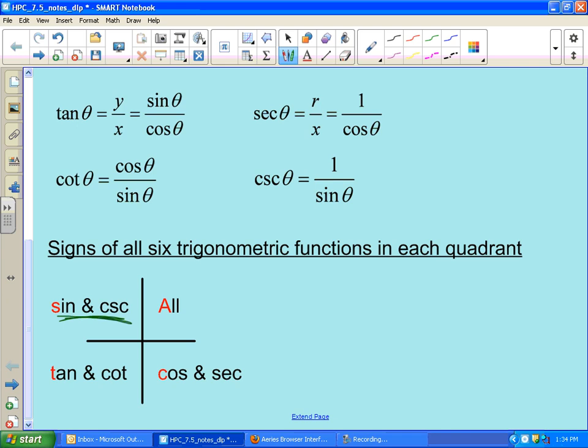And tangents and cotangents are related, so cotangent is positive in quadrant 3. And then cosines and secants are related, so secant is positive in quadrant 4. So they obey the same rules as their reciprocal relationships.